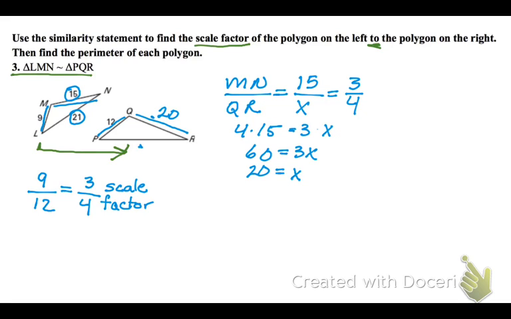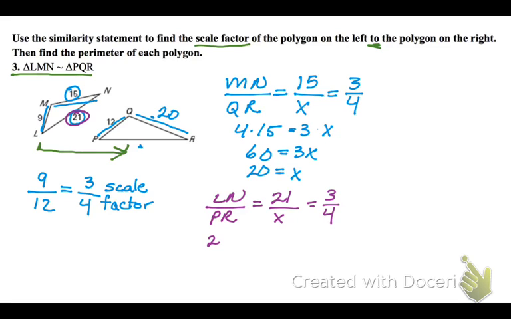I'll change colors here. Okay. So now we're going to look at this side, the hypotenuse, the long side. We see here it's 21. And so LN over PR is equal to 21 over something, we'll call it x, is equal to 3/4.